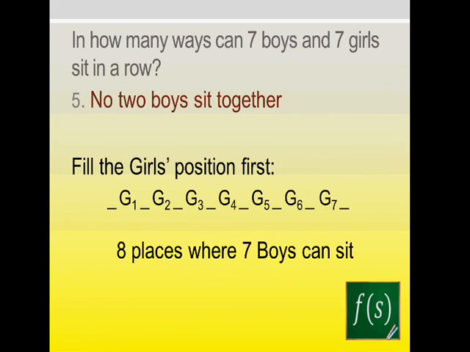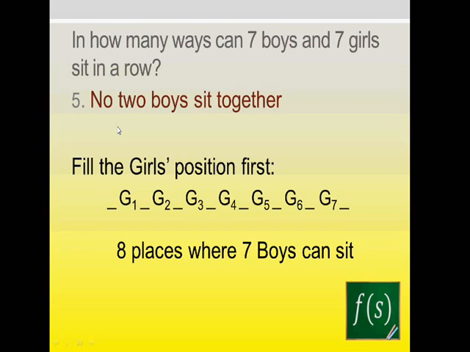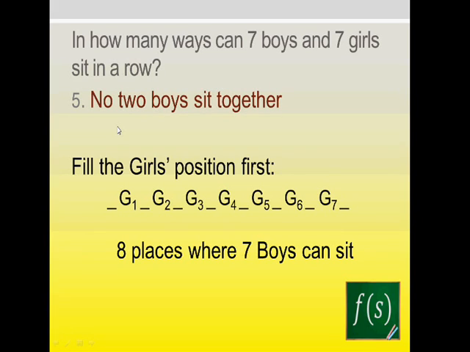Fifth one, which is the most important question, which you will be able to see in most question banks or any practice problems or examinations, is when no 2 boys have to sit together. Now when they say no 2 boys have to sit together, what you have to do is make the girls sit first.